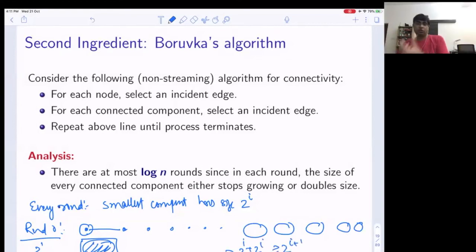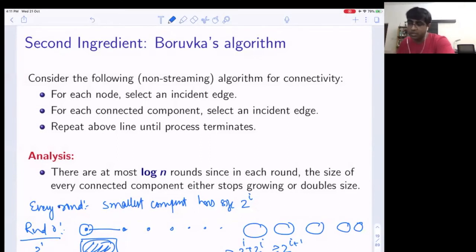So the number of rounds we need is such that either the size of every component stops growing or doubles its size in every round. So the total number of rounds we need in this algorithm is at most log n.